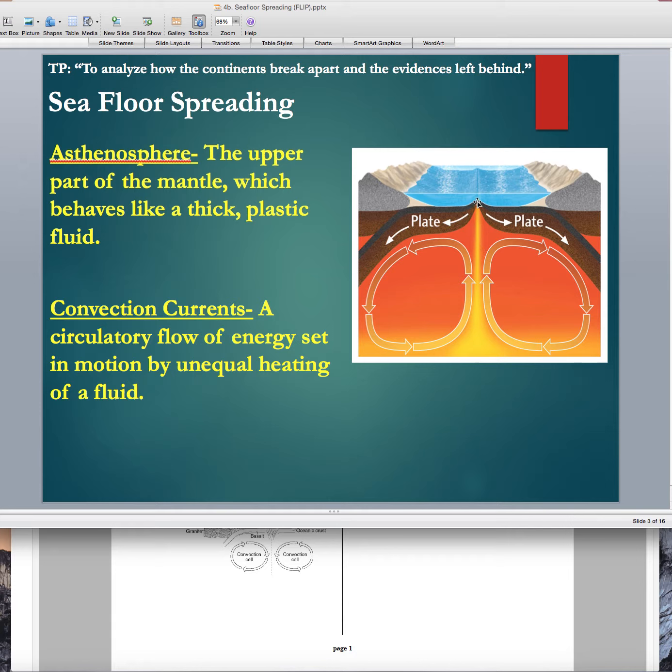Some of that breaks through the surface, creating the ridges on both sides and the rifting of those two plates. Any leftover magma cools, becomes more dense, and sinks, producing convection currents. So anytime you have a ridge, you automatically would have two convection currents there.